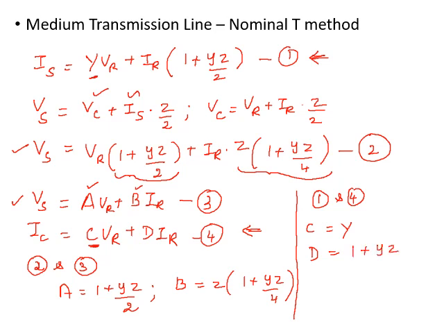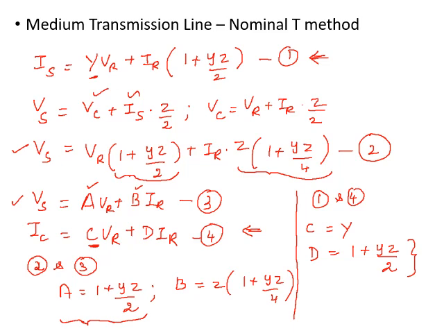We know that A and D should be equal, and it is correct. So these are the A, B, C and D expressions for a nominal T method of a medium transmission line.